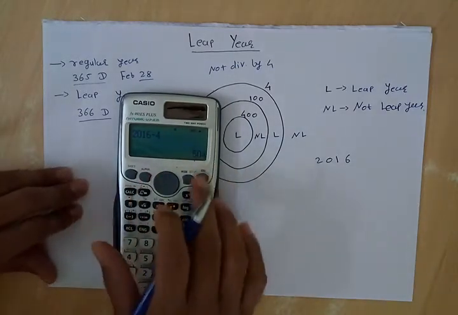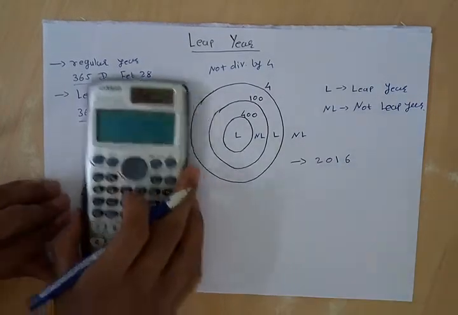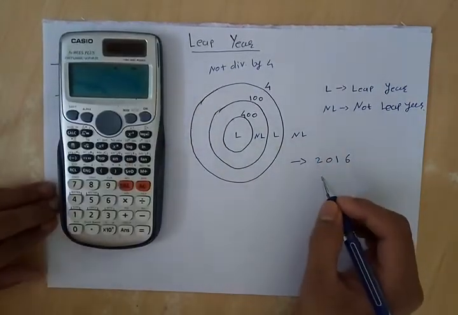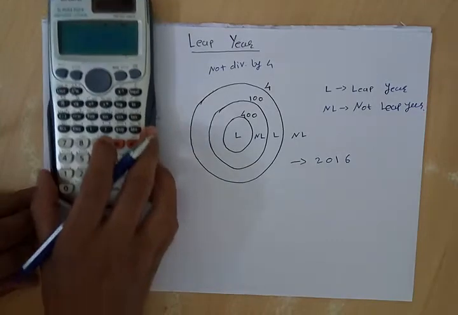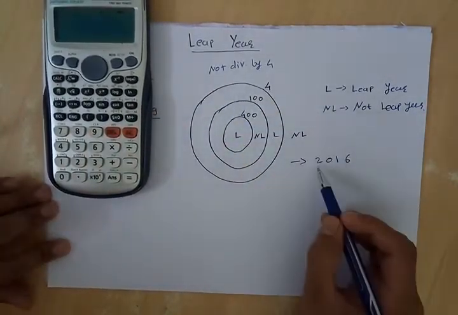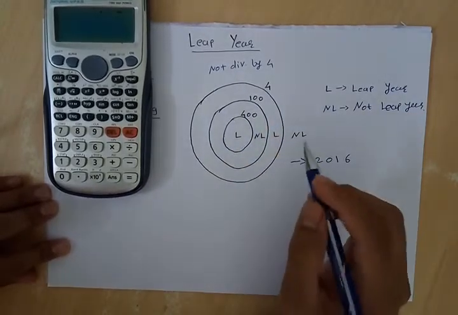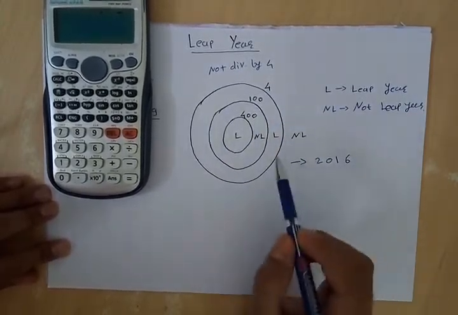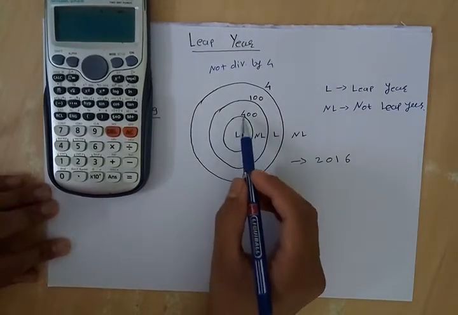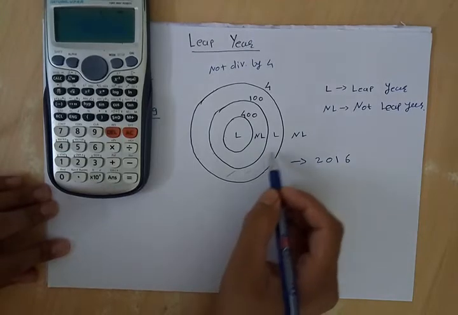So this number is an integer, and hence it is divisible by 4. This condition is satisfied, so of course this number is inside this bigger circle. Now this number is not divisible by 100 or 400.